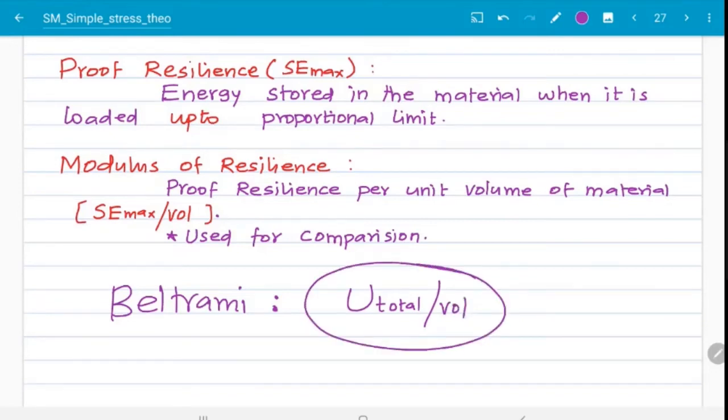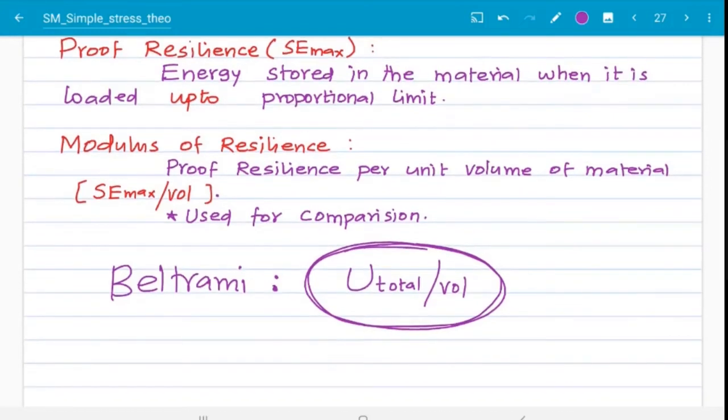Right? So we have to calculate the total strain energy per unit volume of material in our actual component. For example, beam. In the same time, we have to calculate the total strain energy per unit volume of material in the uniaxial tension test failure point. These two parameters should be compared. Okay, right. So strain energy per unit volume is used for comparison purpose.